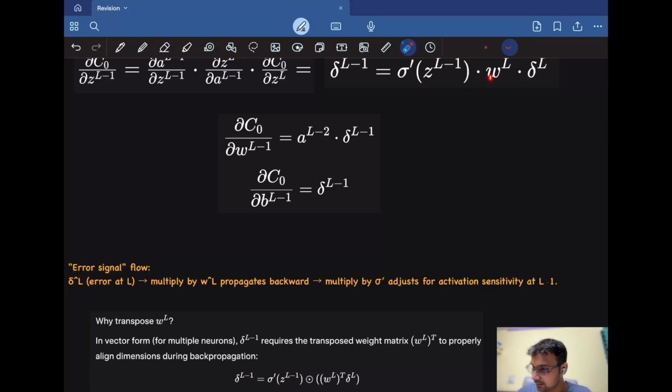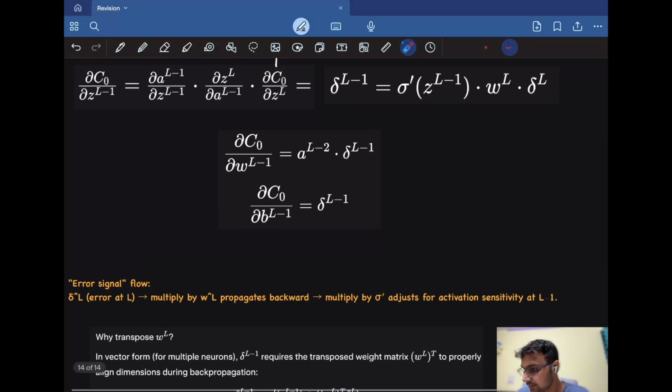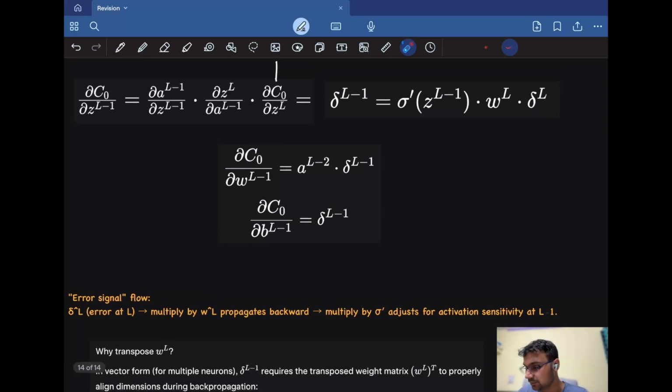We multiply it by WL, propagate it backward, and then multiply it with the sigmoid derivative of this value to get the loss sensitivity of this layer. To get the gradient, we multiply it with the activation.